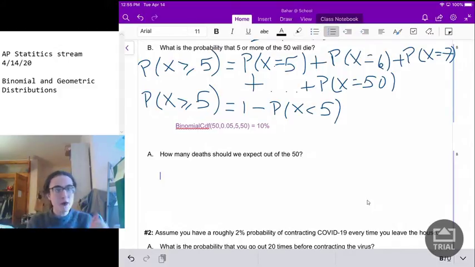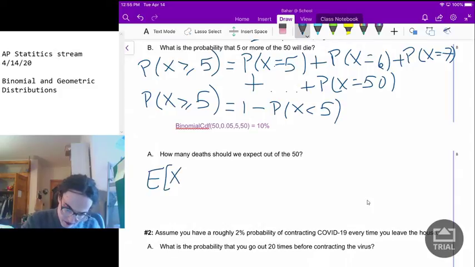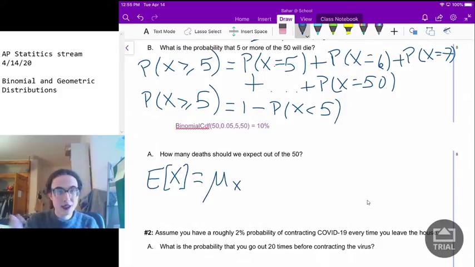For a binomial, the expectation of x, our variable, the number of deaths, is just going to be equal to the mean value of that distribution.